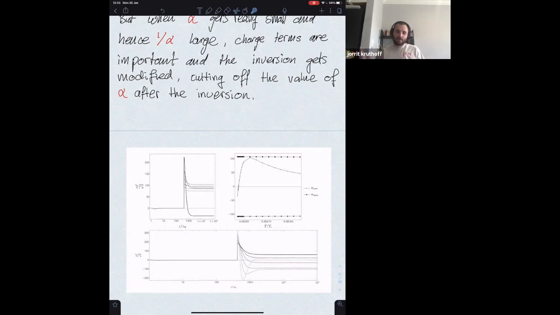But that means there has to be another inversion at some larger value of Z. And at that inversion, there can also be another very precise temperature where there's again a negative value for PT. So when you tune the temperature very, very accurately, you could end up with many of these inversions.